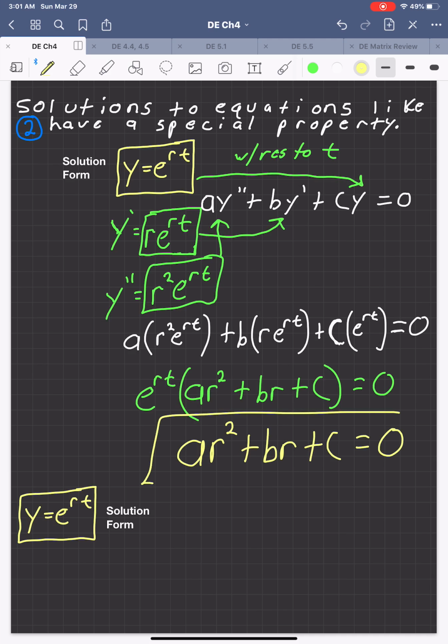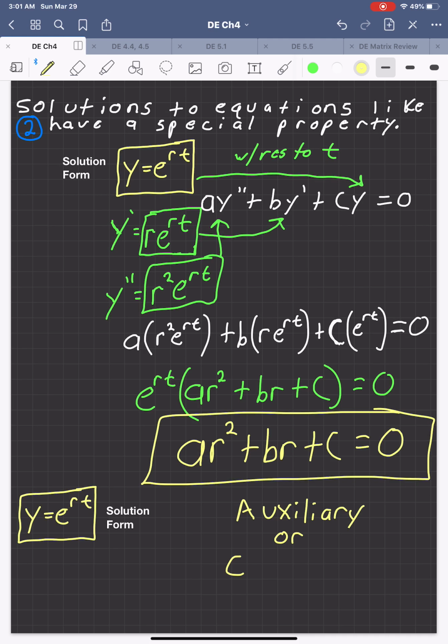Now, I'm going to give this a name. Okay, and you're going to hear me refer to this often. This is what we call the auxiliary equation, or characteristic equation.